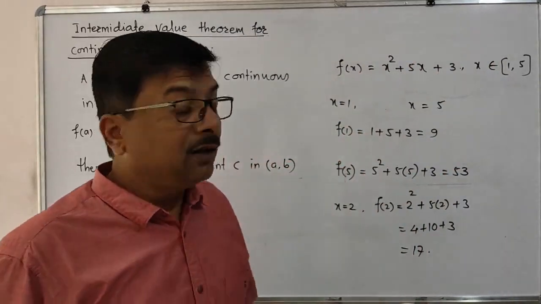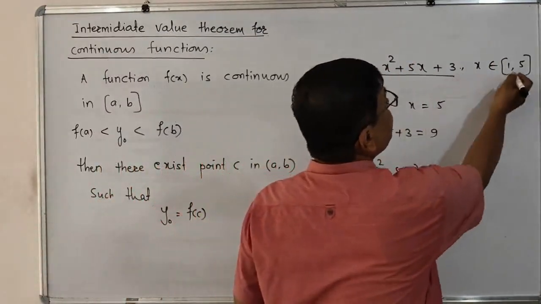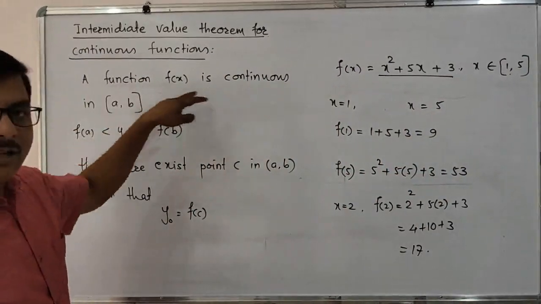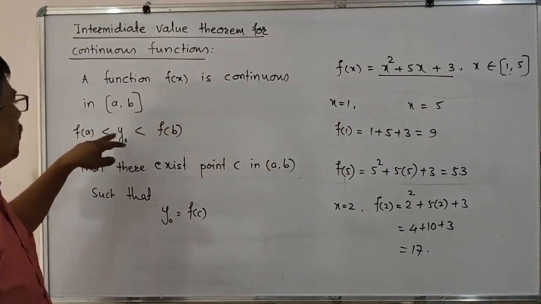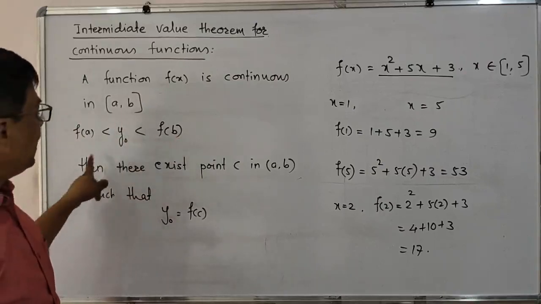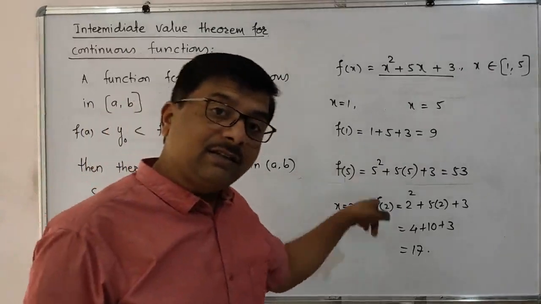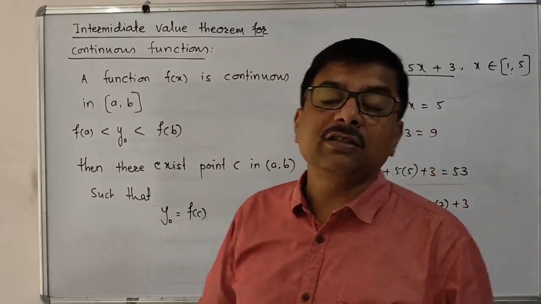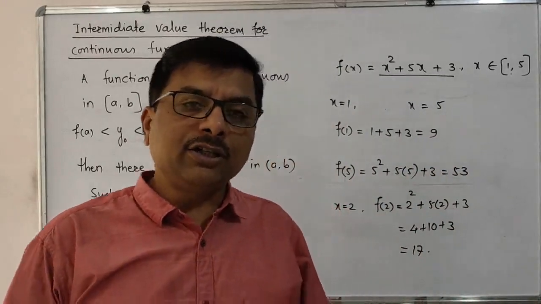It is possible only if that function is continuous in that interval. Means when the function is continuous in the interval and y0 is any value between f of a and f of b, then there exists a point c in the interval ab such that y0 is equal to f of c. This is the last concept of the continuity.